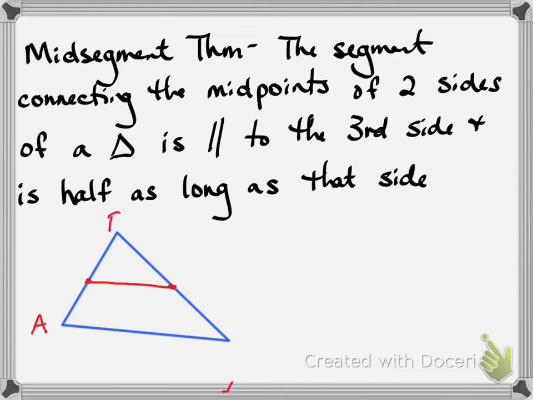Let's talk about triangle ABC, and we'll call this EF like earlier. So EF is a midsegment because it connects E, which is a midpoint, and F, which is a midpoint.